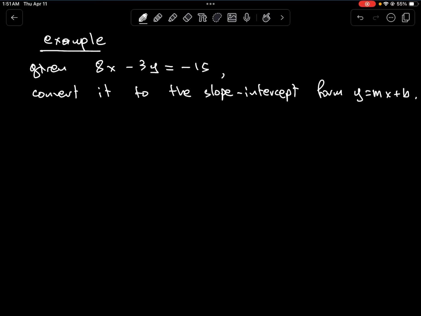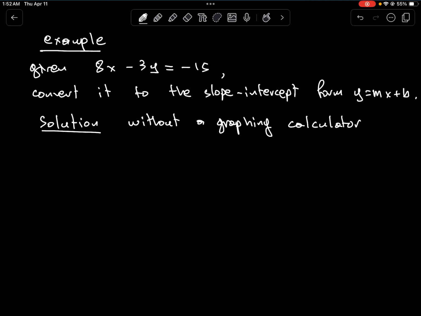Okay, let's do the solution without a graphing calculator. How would we start? First of all, we'll look at the slope intercept form. The y is isolated, there's no parentheses, everything is completely broken down.